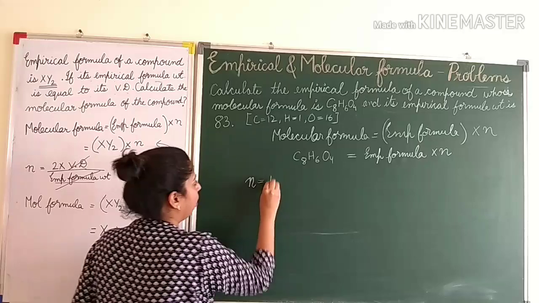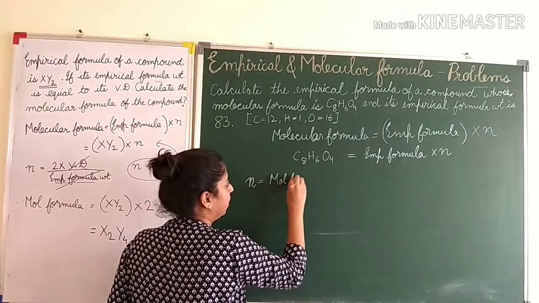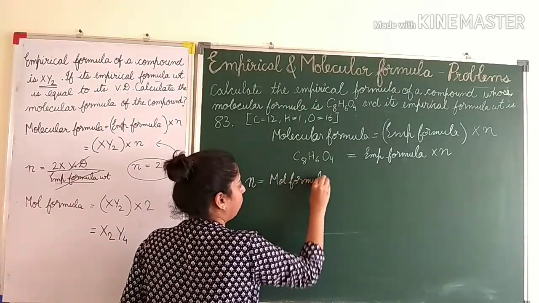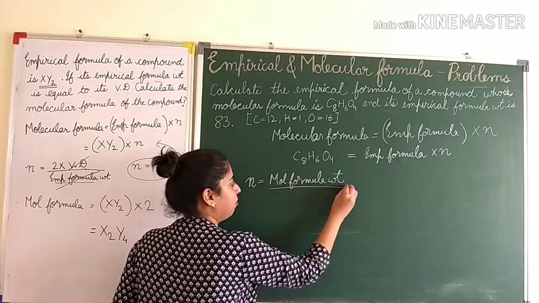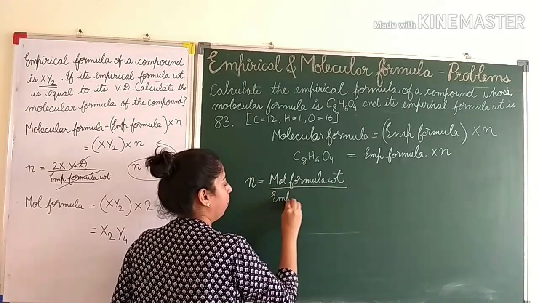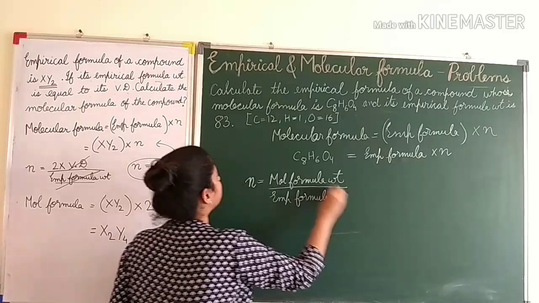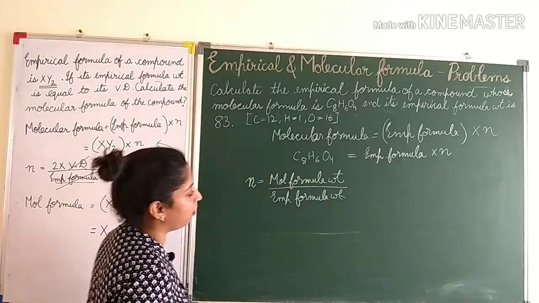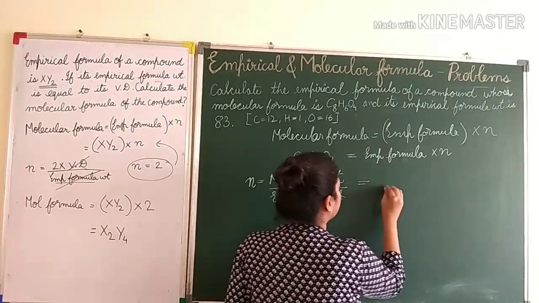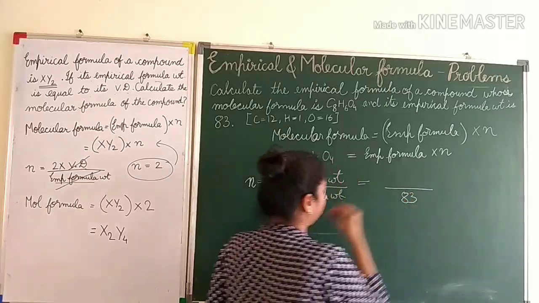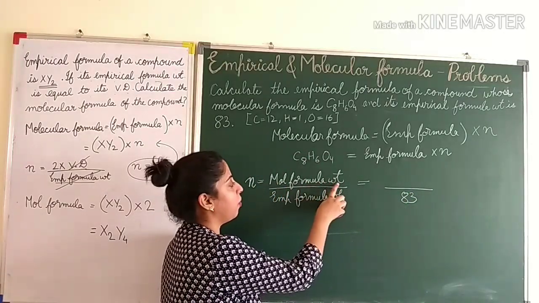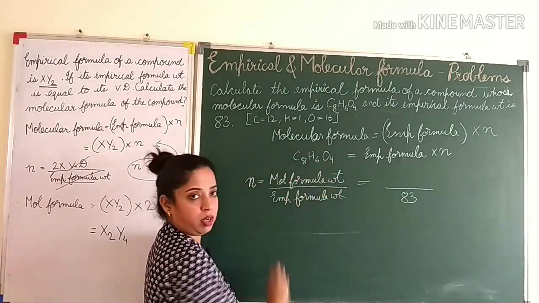N is molecular formula weight upon empirical formula weight. Now in the question your empirical formula weight is already given as 83. Now we have to find the molecular formula weight. We know the molecule already.